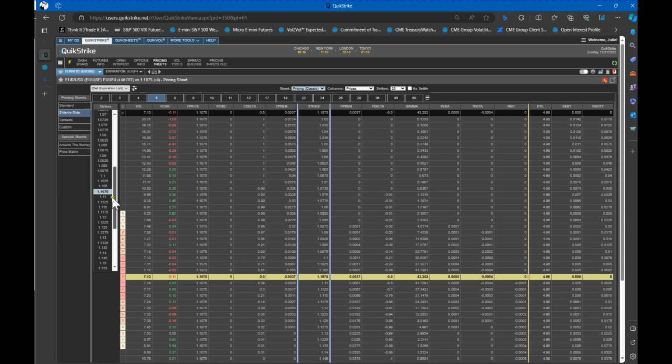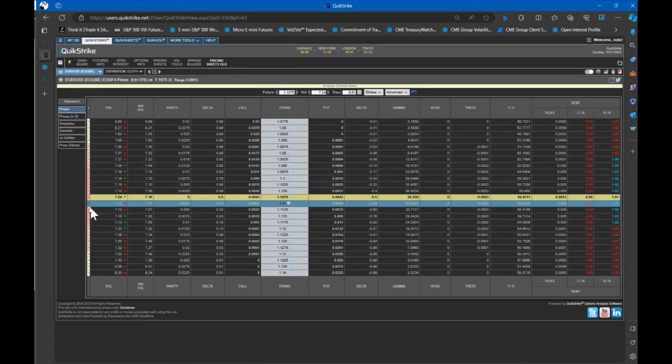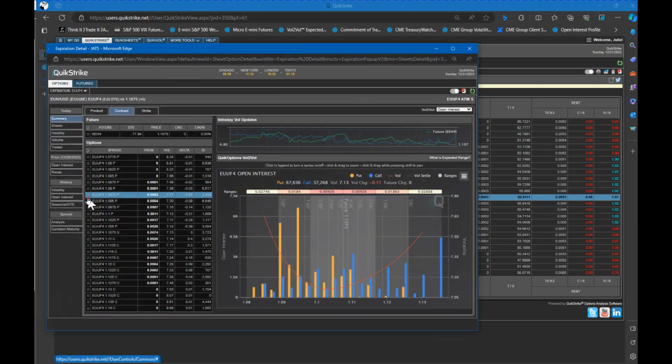Um, you can click on a level. Well, let's see here. Get my old sheet up. Over here, you can click to pull up the puts and calls.